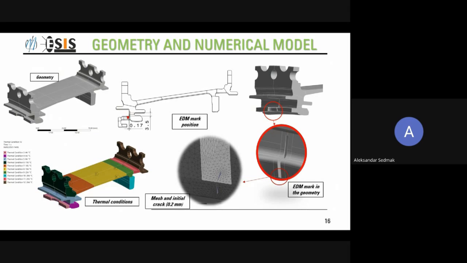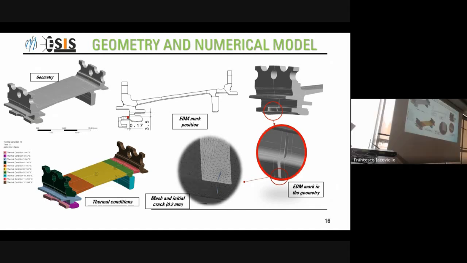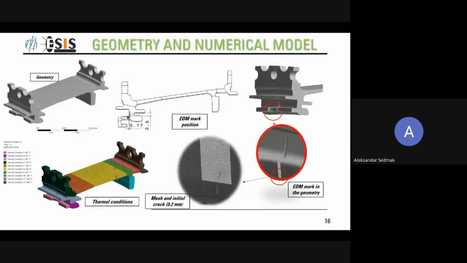Therefore, numerical simulation was applied. Not to go into many details, it was not an easy one, because the thermal loading was first applied to get temperatures, and then from the spatial and time distribution of temperature, stresses were extracted so that we could find and simulate fatigue crack growth.